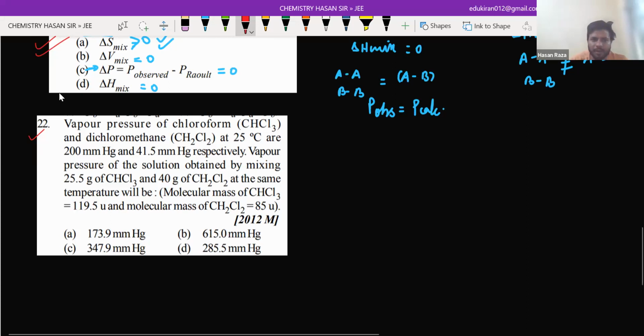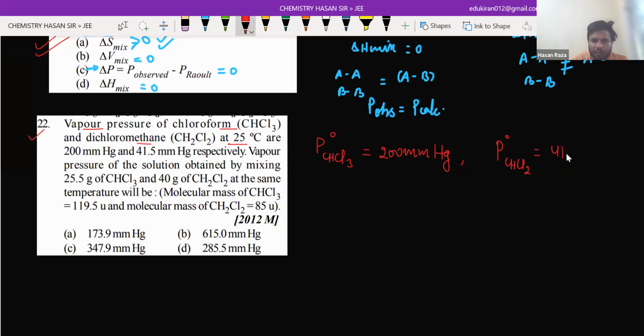Okay, let me explain this. You can see the vapor pressure of chloroform and dichloromethane at 25 degrees centigrade is given individually. Chloroform, CHCl3: the pure vapor pressure of chloroform is 200 mmHg. And the pure vapor pressure of dichloromethane is given as 41.5 mmHg.